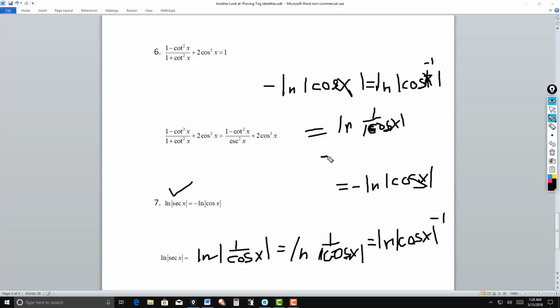But that's the same thing as the natural log, because secant is 1 over cosine, of absolute secant of x. And that's the way it comes out.